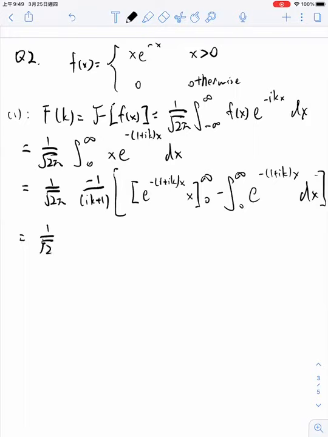The first term inside the brackets is equal to 0, so only the second term is left. And this integral is very easy.